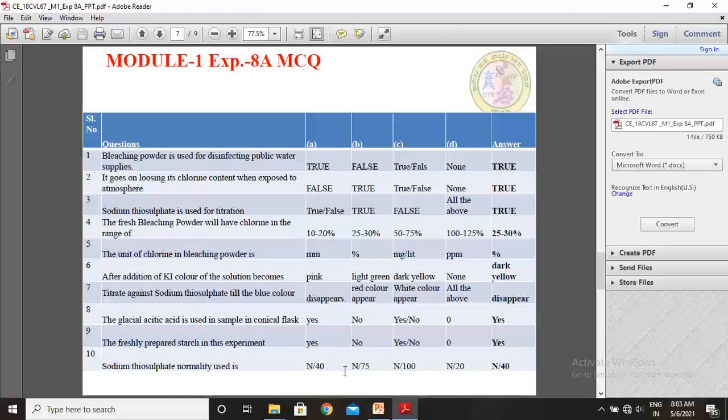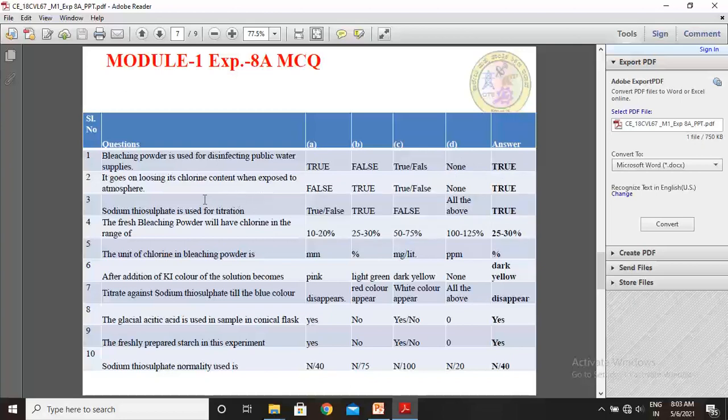I have prepared 10 questions based on these experiments with 4 options. Let us see. First question. Bleaching powder is used for disinfecting public water supplies. Options: true, false, or none. Option is true.